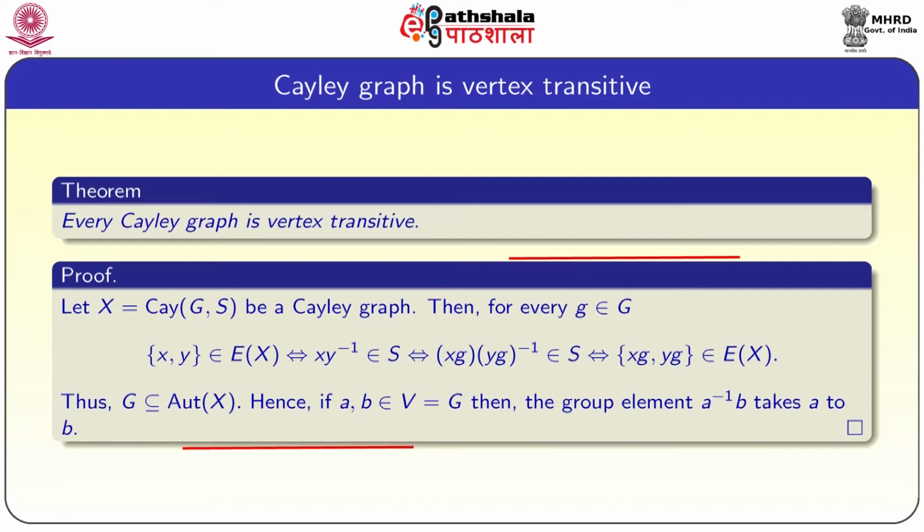So, this is if and only if (xg)(yg) inverse belongs to S. Here g acting on x takes x to some other vertex.